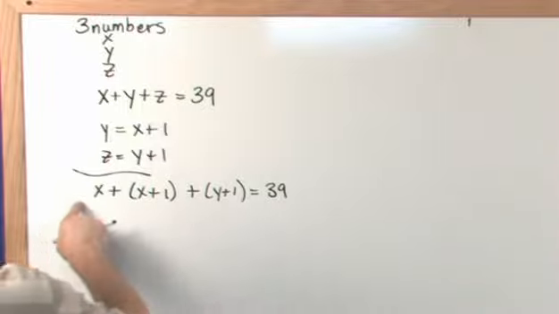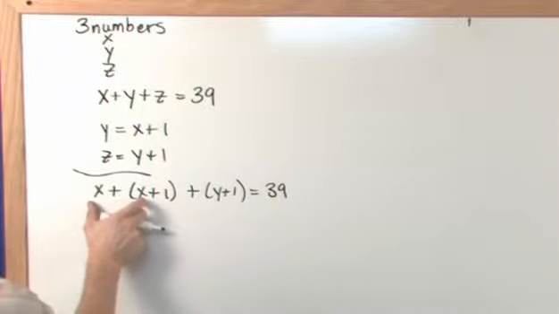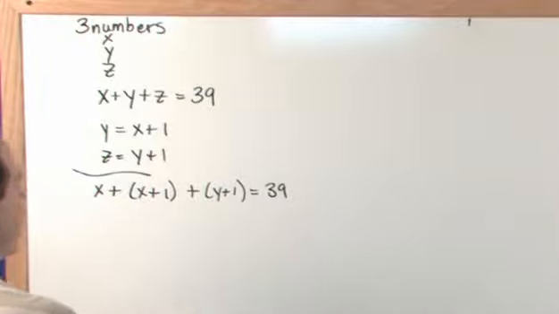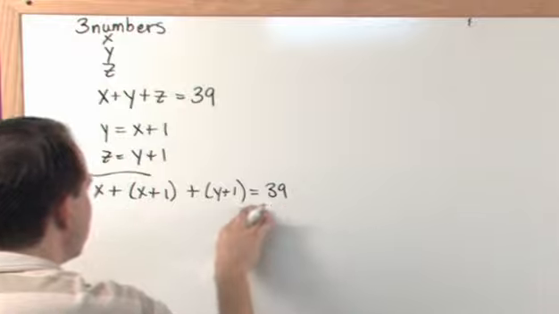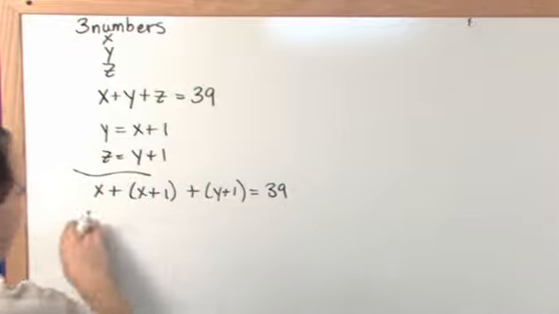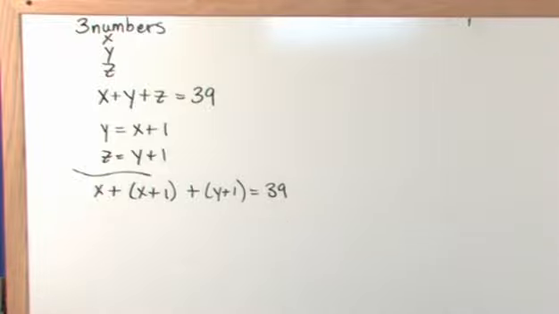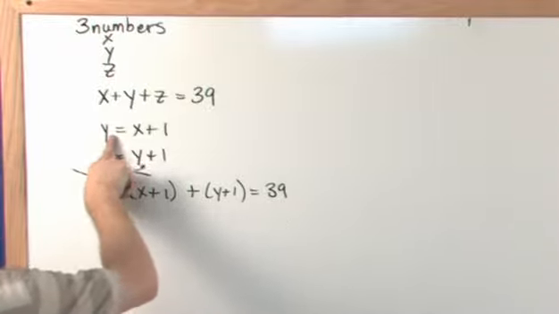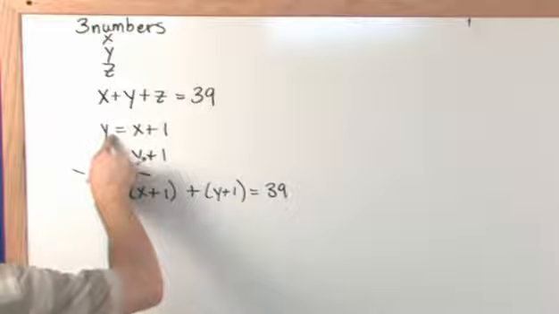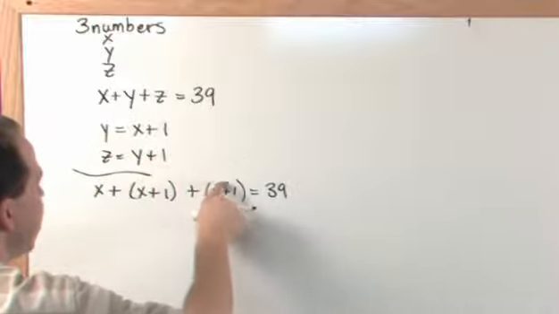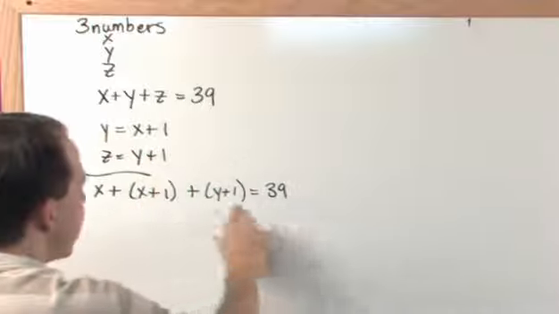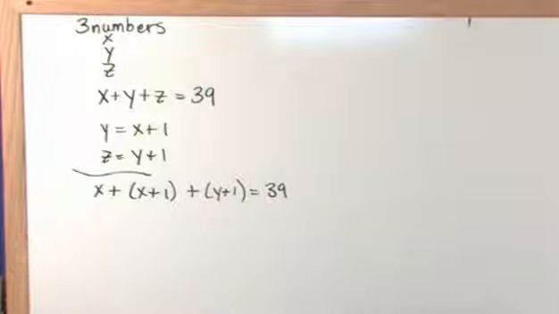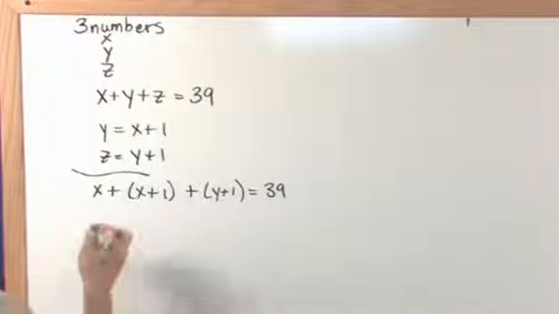Now we have an equation here, but this equation still involves x and y. So you can't really solve this equation by itself because you have two variables in it. But notice we have an expression here for y in terms of x. So if I take this expression for y and plug it in here, then this equation would only involve x, and I can solve that. So let's go ahead and do this.